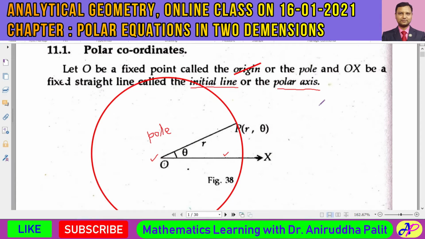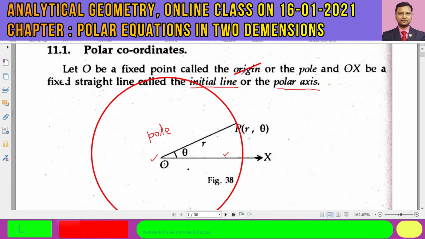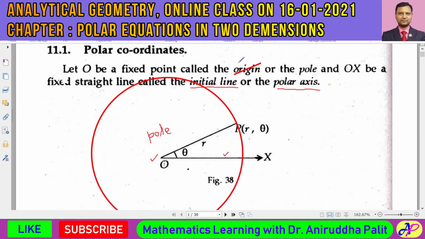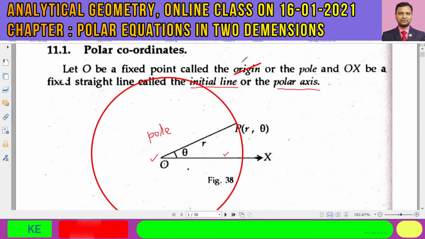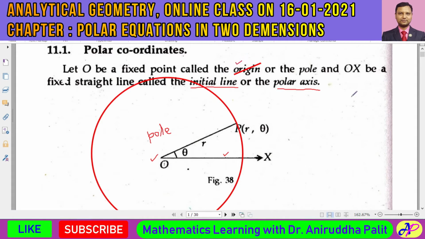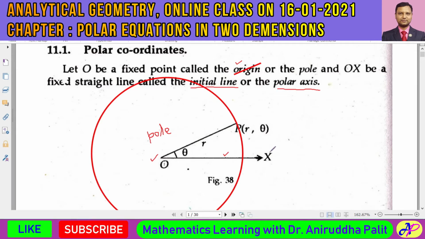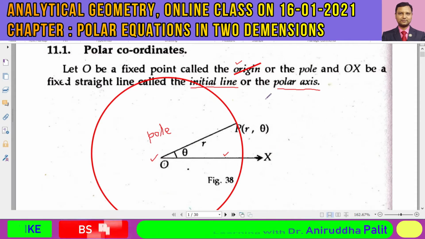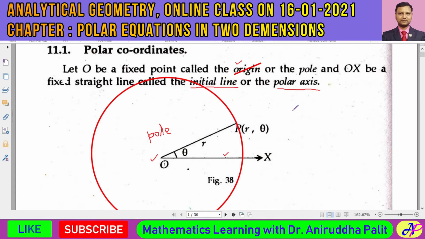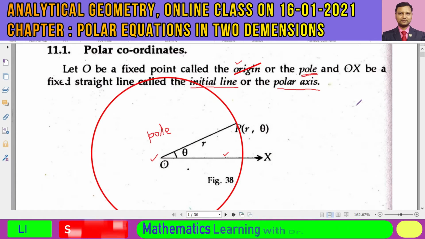In some books, like this one, they have taken this fixed point O as the origin, but the concept of origin is not related to polar coordinates. The concept of origin is actually related to Cartesian coordinates. That's why in future we shall call this fixed point O the pole, not the origin. So pole and origin may or may not coincide.